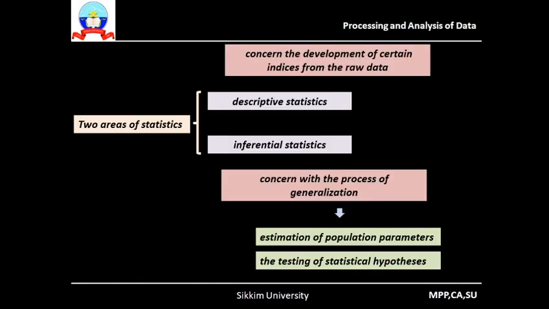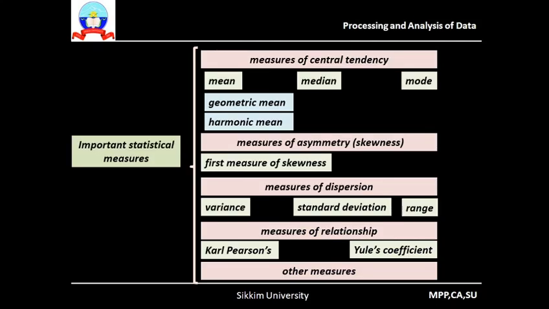We have learned about different spheres of statistics. We have learned about various statistical measures: measures of central tendency, measures of asymmetry, measures of dispersion, and measures of relationship.